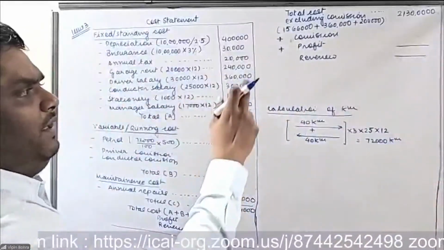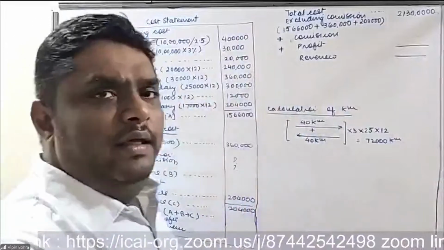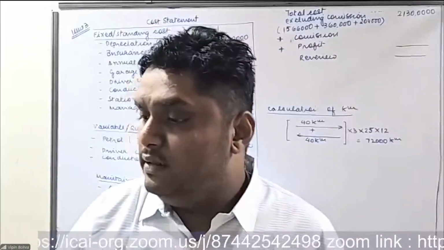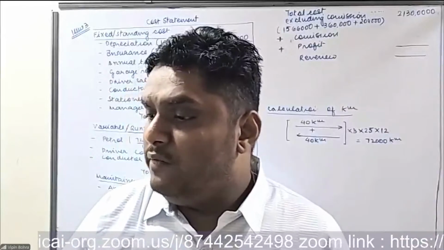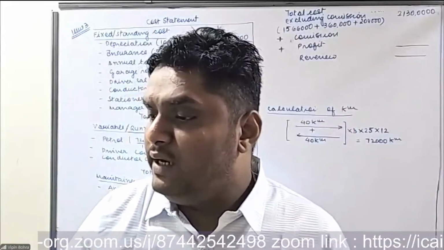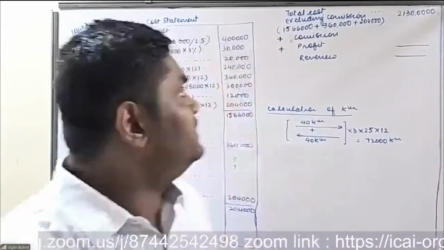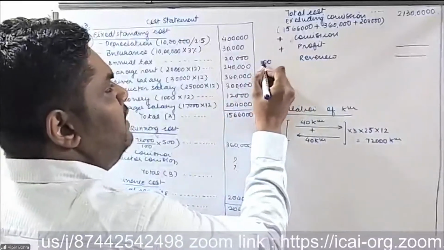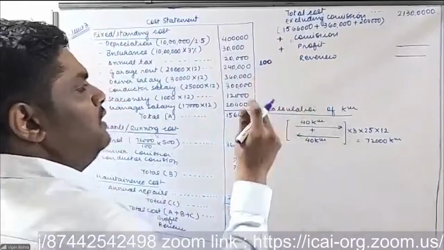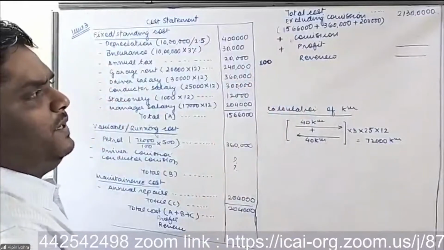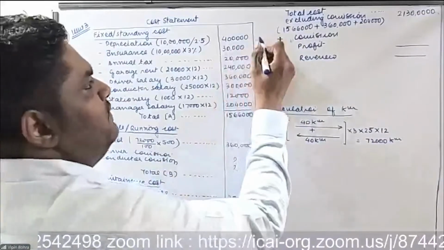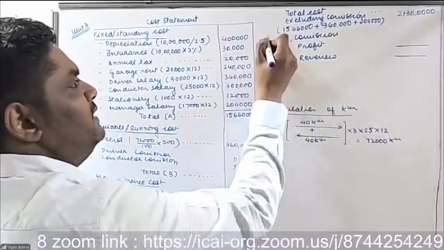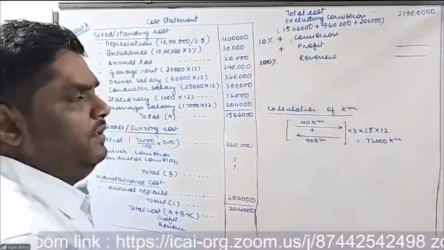Now see, herein it is given that the total commission of driver and conductor is 10% of the total takings. So let's assume that the total takings be 100. So my commission will be 10% of 100.